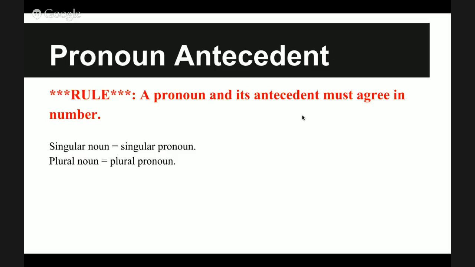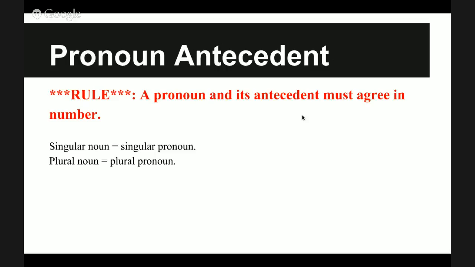And if you look at the sentence at the top of the slide, a pronoun and its antecedent must agree in number. You'll notice that that is an example of pronoun antecedent agreement. So what is the pronoun in that sentence? The pronoun is its, the possessive its. And what is its replacing? It is replacing pronoun.